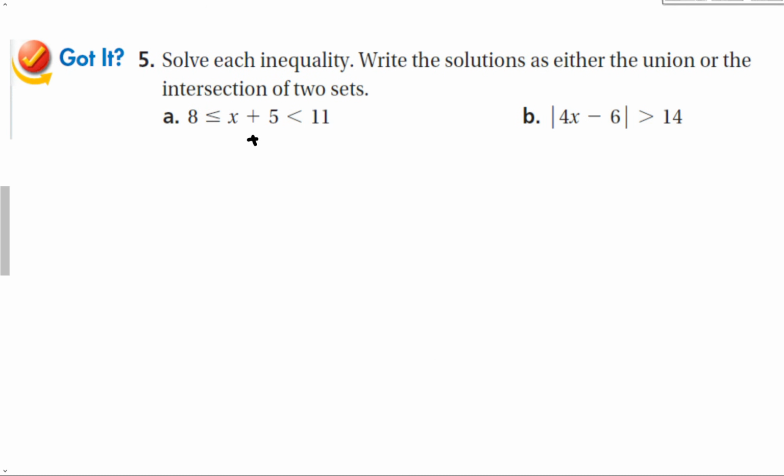So same thing for this one. I'm going to subtract 5 from every side in this inequality. So that's going to be 3 is less than x is less than 6. So when I solve this, I now have that x is greater than or equal to 3, and x is less than 6.